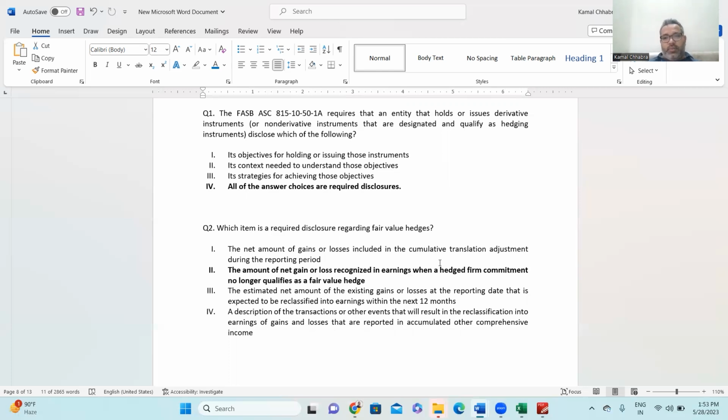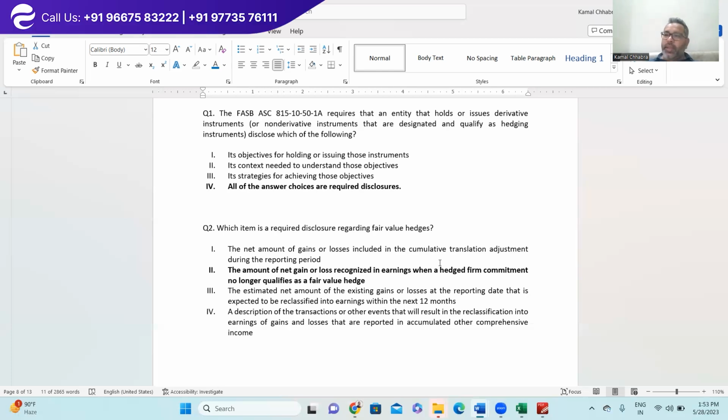Third is the estimated net amount of existing gain or loss at the reporting date that is expected to be reclassified into earnings within the next 12 months. That goes for a cash flow hedge. That means currently you are parking it, and in the next 12 months when you actually get the cash, you transfer it to the income statement.